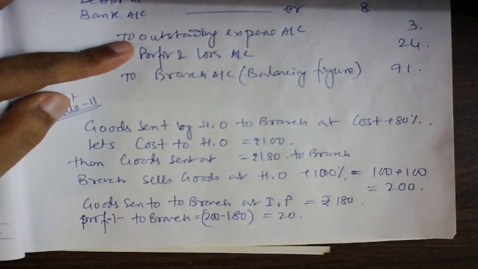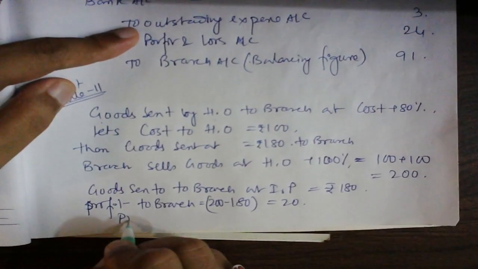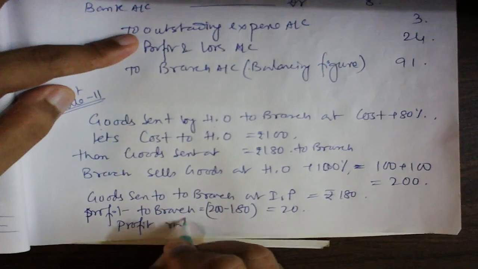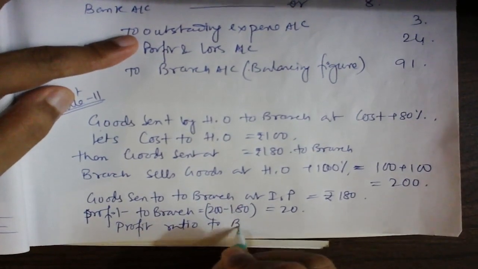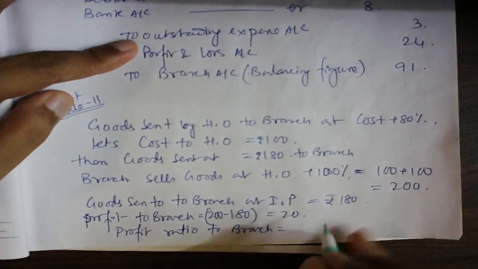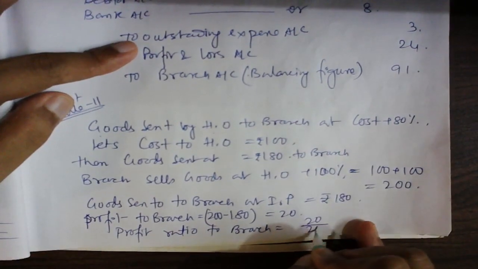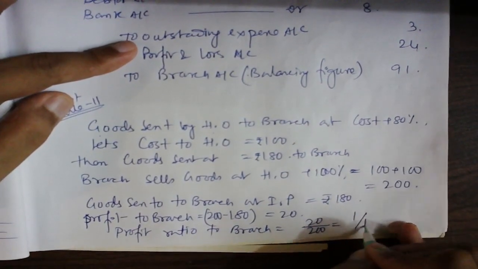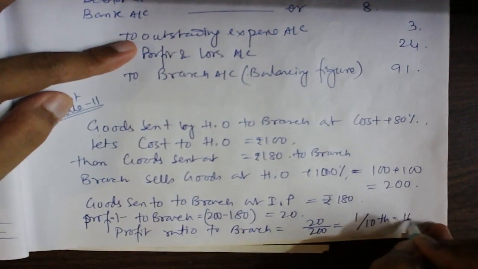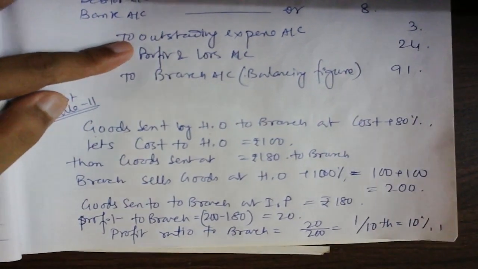Perfect. So can you say profit ratio to branch is how much, sir? 20 is the profit and 200 is the price, so it will be 1/10, or you can say 10%. Done, sir. समझे, clear? That is the basic fundamental.